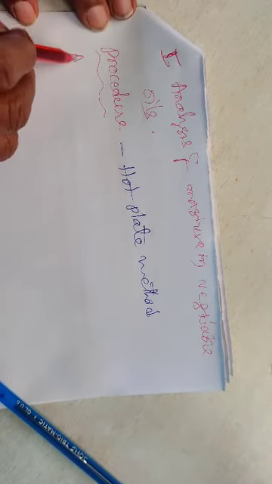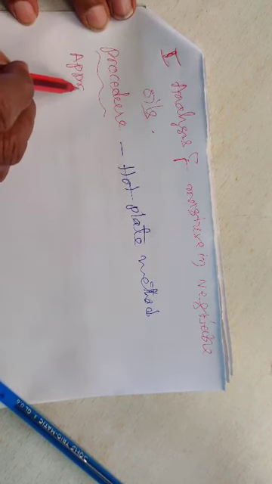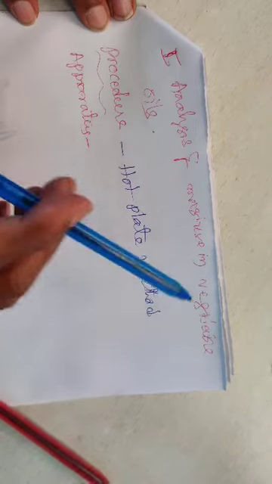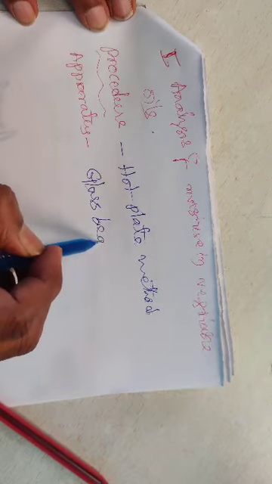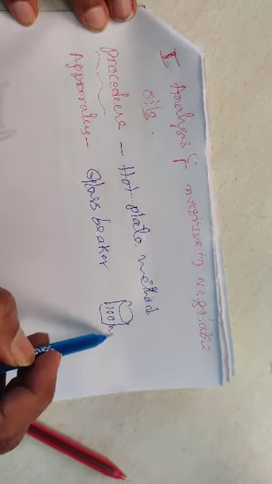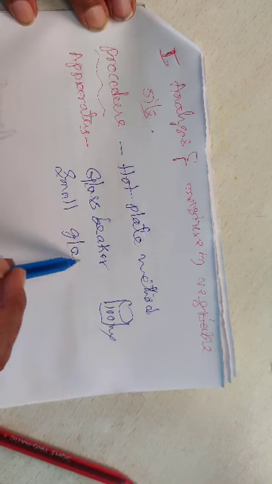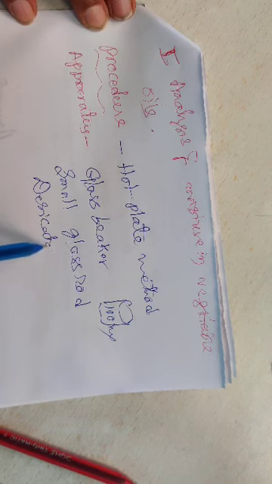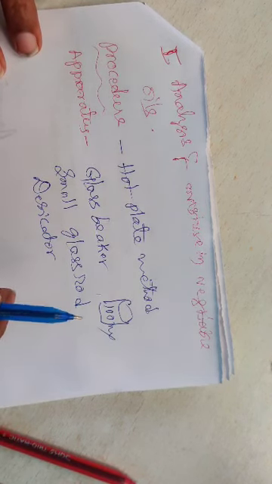For this procedure, for the estimation of the moisture content present in vegetable oils, the apparatus required is: one, a glass beaker of capacity 100 ml; another, a small glass rod; and the third apparatus required is a desiccator. You already have an idea of the desiccator from gravimetric analysis.